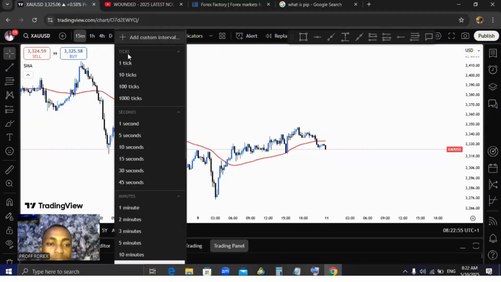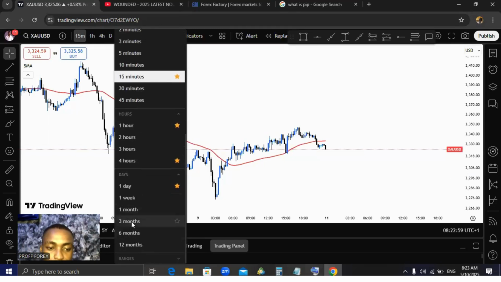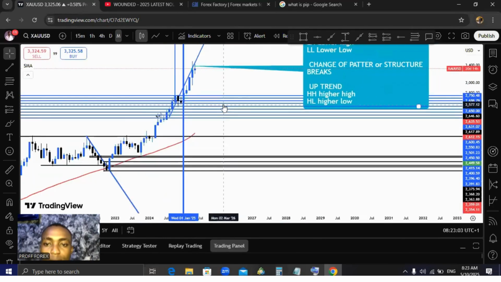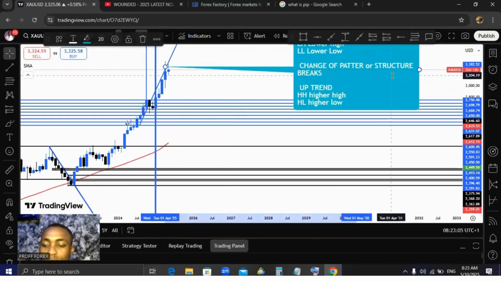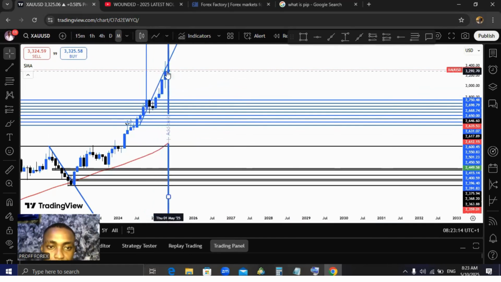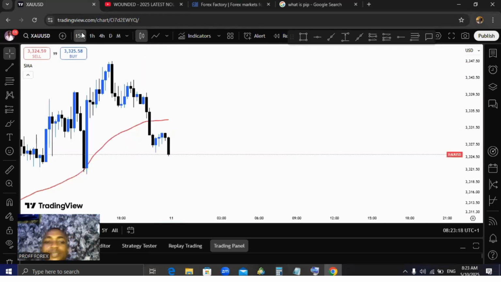So let's go to the monthly time frame. So here is the month of May where that horizontal range is.